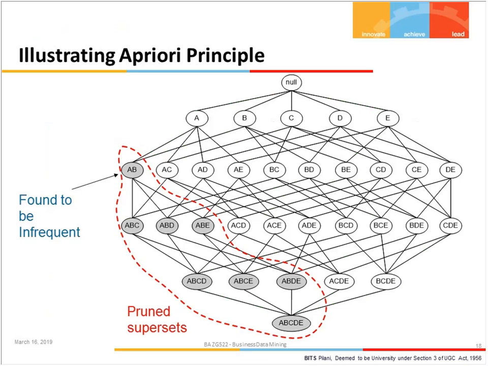So we can remove all those candidates, and we don't need to estimate the support for each one of them. This significantly reduces the computations required for finding the frequent item sets.